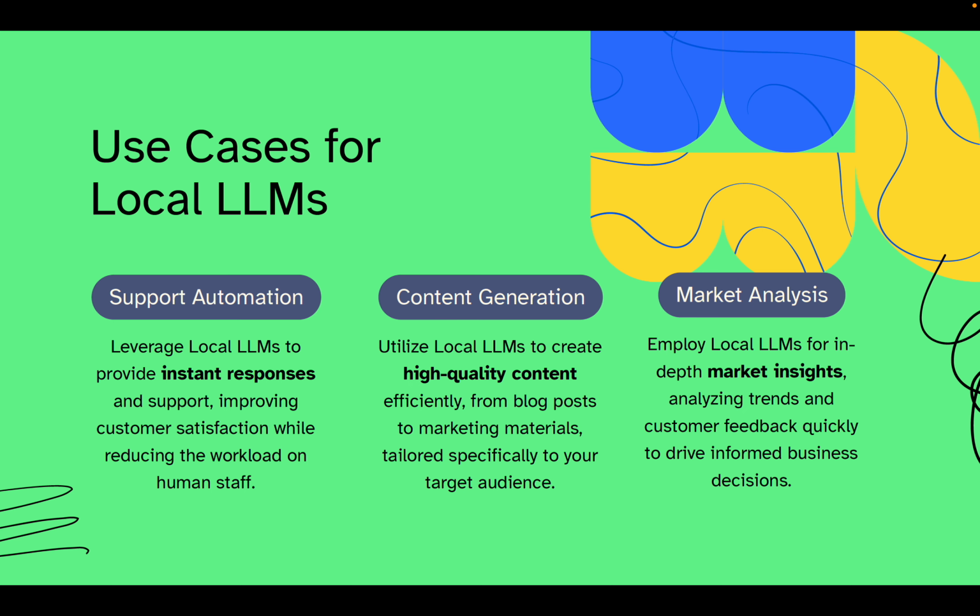And how you can use that: you can support customer automation services like instant responses, though you have to train a model for that. Then you can do content generation. As an example, you can do a blog post, marketing material, and digital content like generating images, and if you have a high-end model, you can use it for generating videos also.